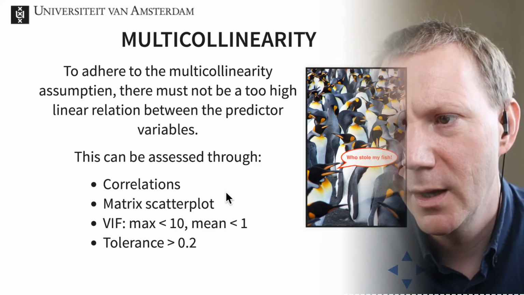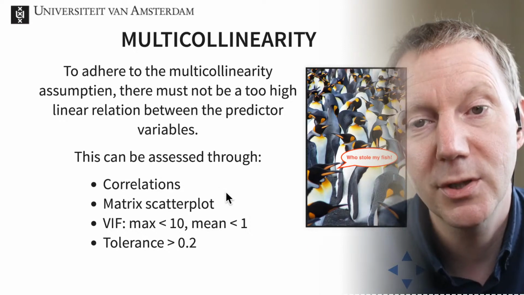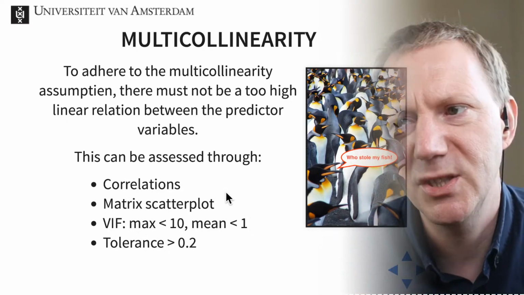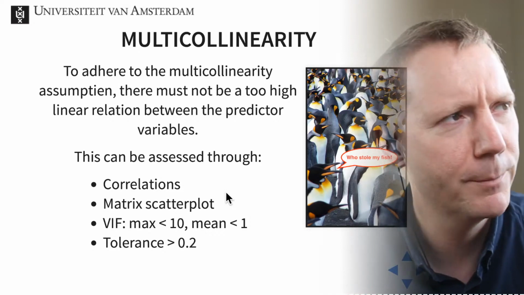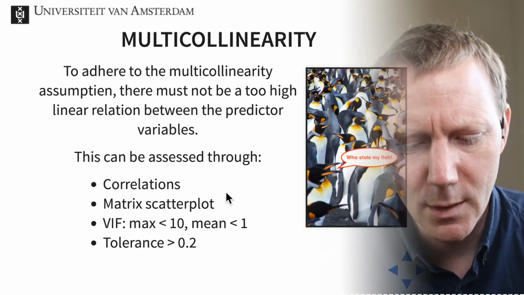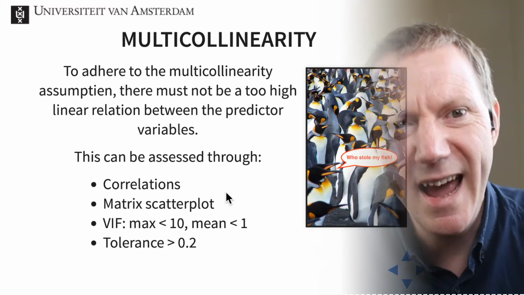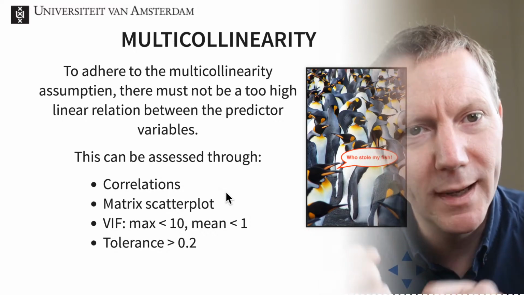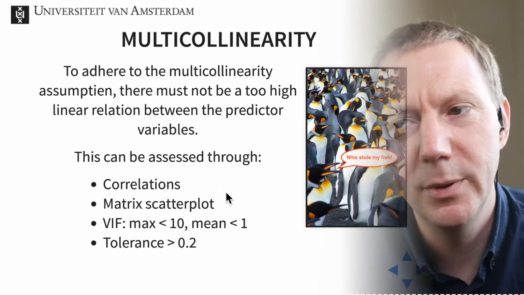We could have a VIF value. In one of the outputs in SPSS, the VIF value is given, which is essentially an aggregated indicator of the amount of relation between these variables.